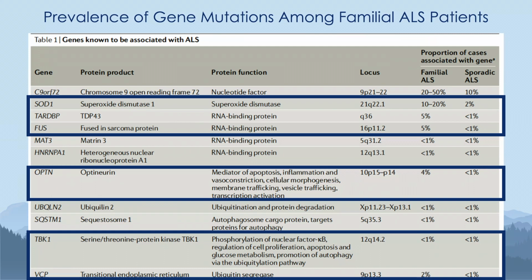And so for various reasons that I don't have time to go into detail here, we're relegating C9orf72 to a later talk. But when you look at SOD1 and TARDBP, FUS, TBK1, and VCP, genes that I've talked about in other slides, you can see the relative proportion of patients based on some small-scale sequencing studies put together to try to guesstimate what the prevalence is.